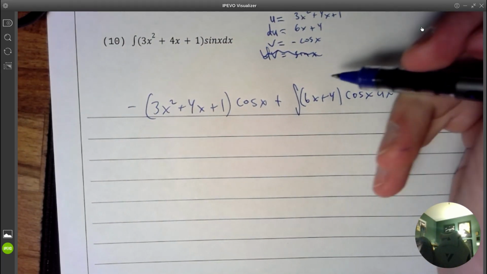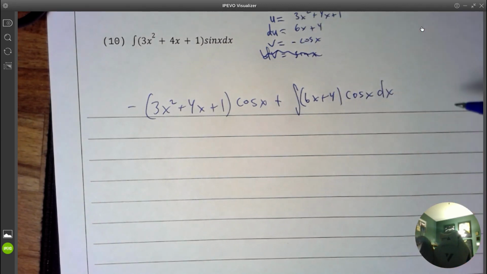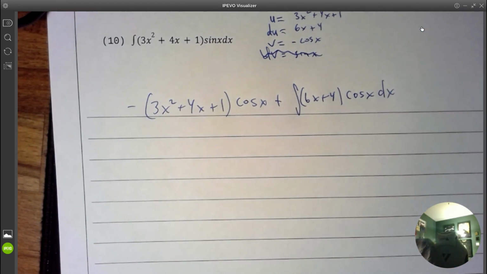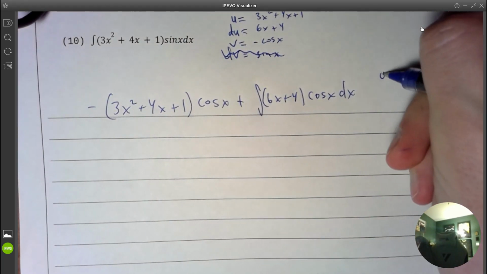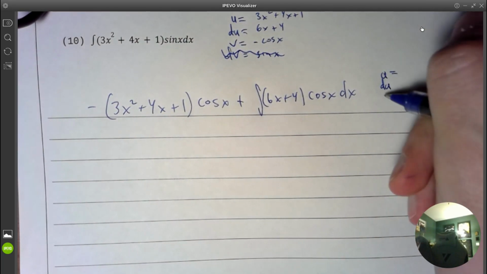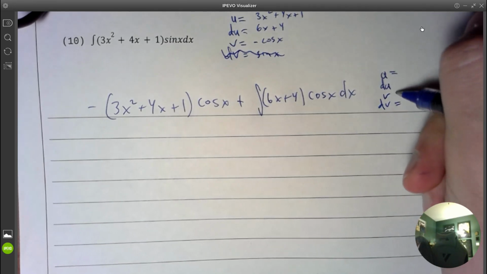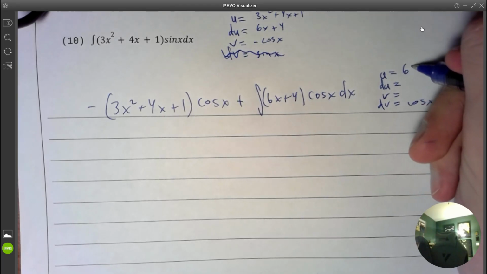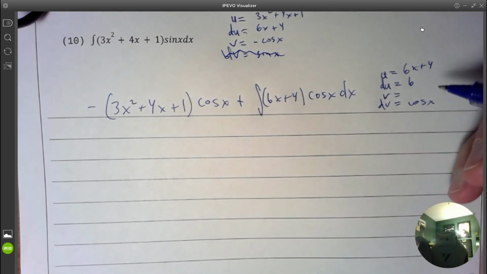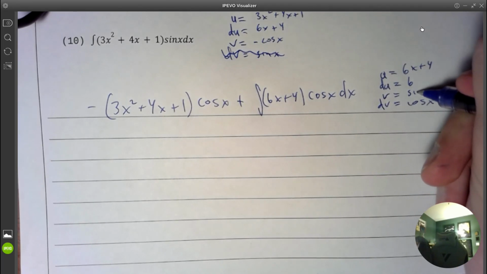And we're going to have to let it rip one more time because we degraded, but not quite enough. One more lap should work, however. U equals, du, v and dv: cosine x, 6x plus 4, derivative 6, integral sine.